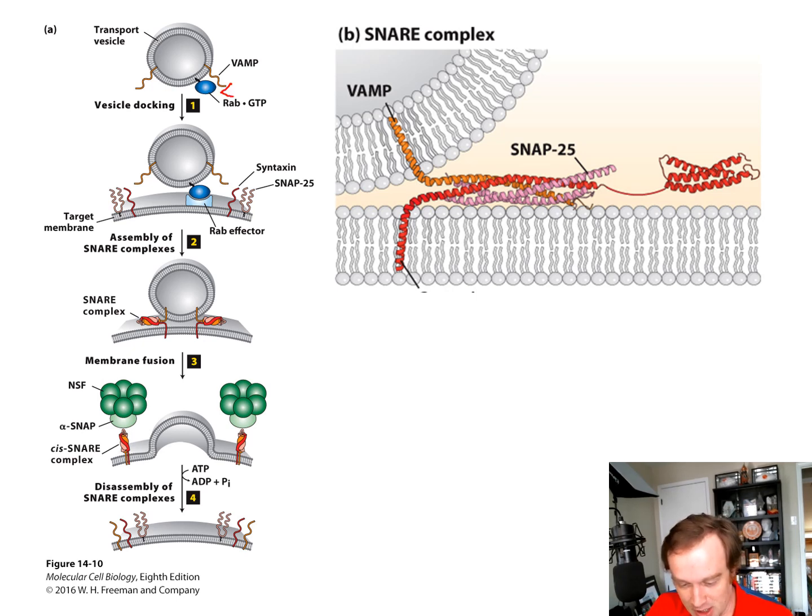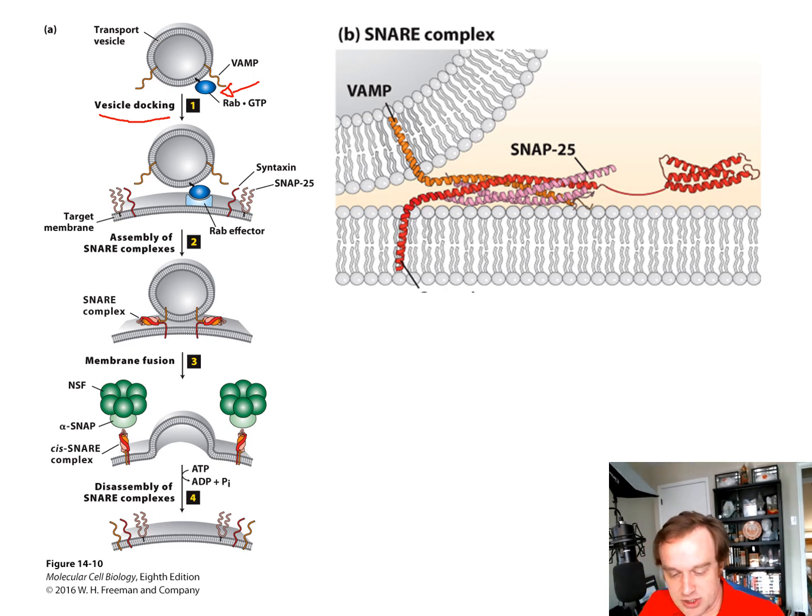So you can see RAB right here. It starts with fusion of these secretory vesicles with the plasma membrane, and similar mechanisms mediate all vesicle fusion events. There's slight differences, but for the most part, they're very similar. So in step one, which is right here, the transport vesicle docks on the appropriate target membrane.